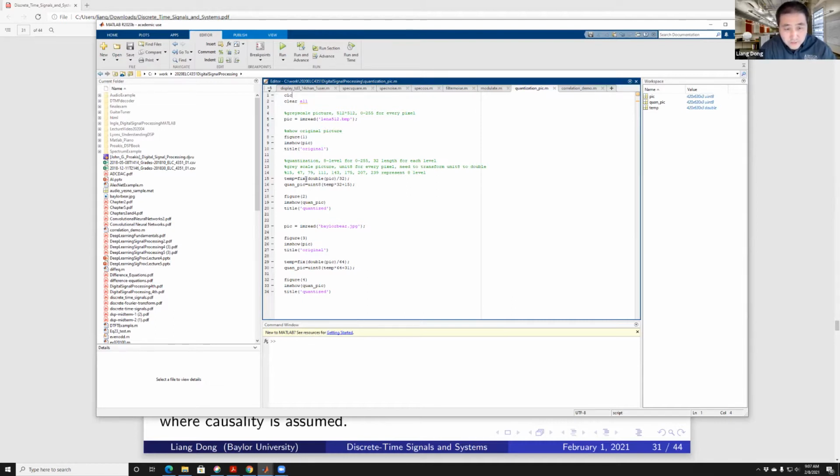And then what I am doing here is to divide this number by 32. So I have 256 levels, I divide by 32, I have only 8 levels. Fix is rounding towards 0. Actually, here everything is positive, so it's like a floor.